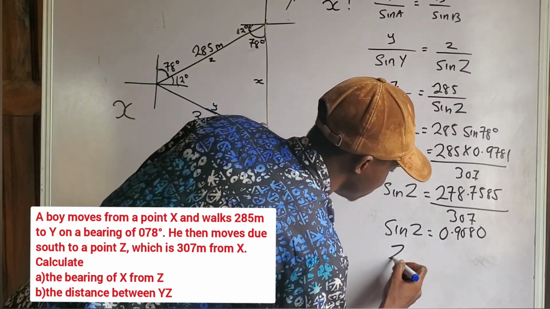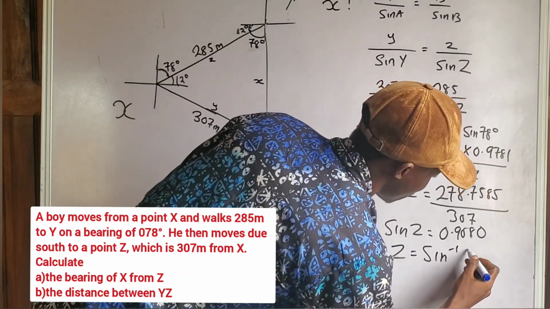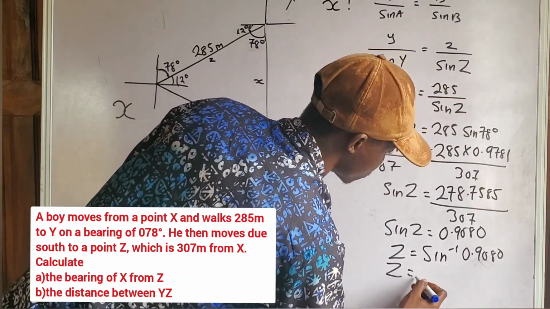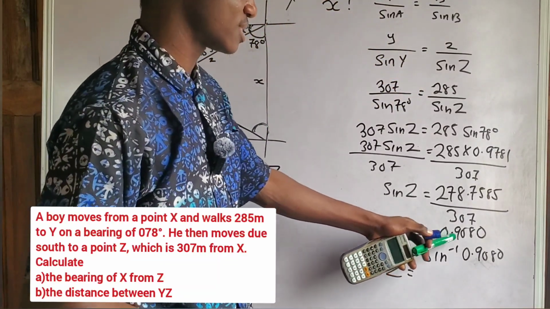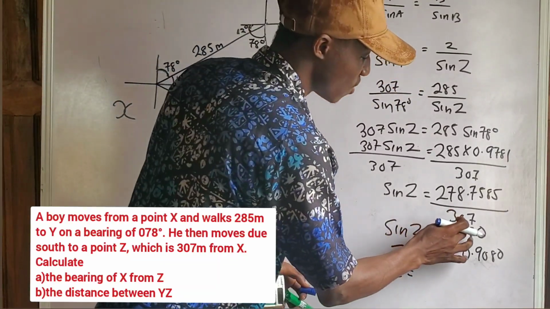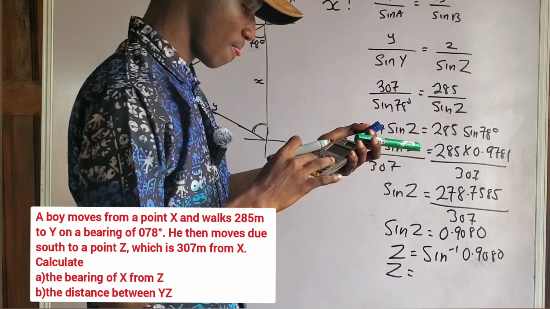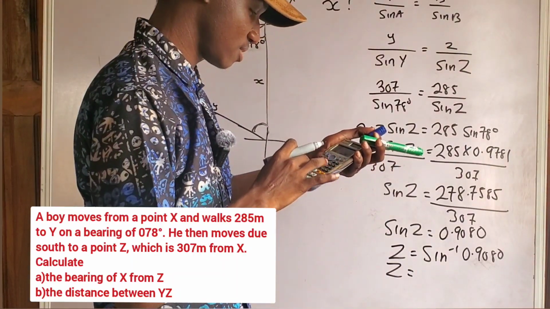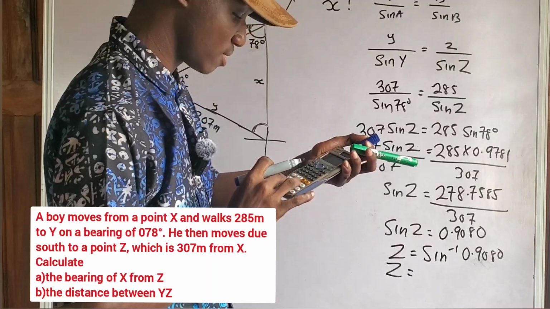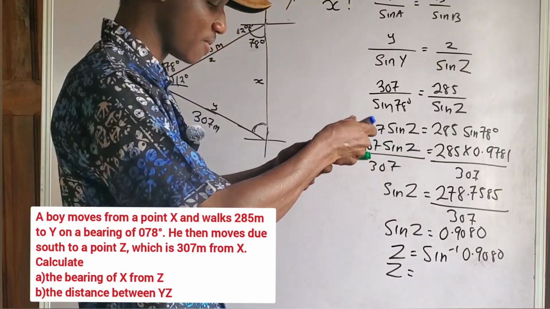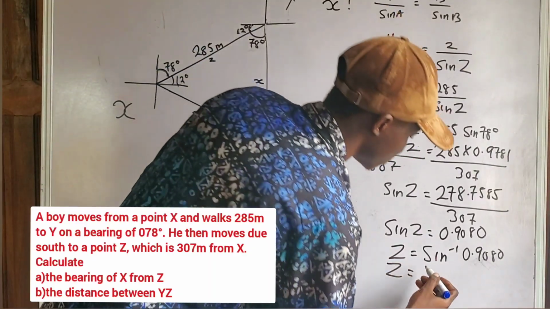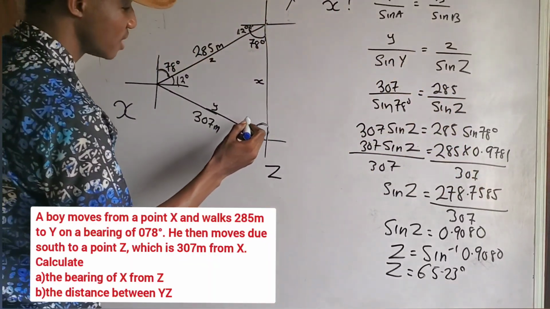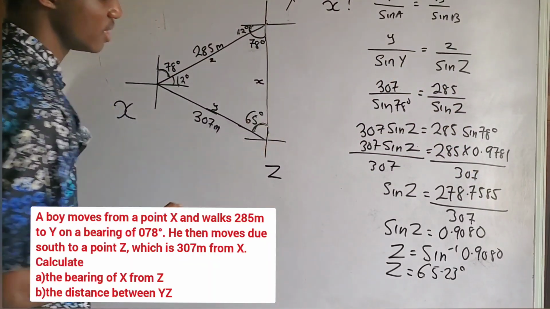So Z equals the sine inverse of 0.9080, that is 65.23 degree. Okay, so the value of this angle is 65 degree to the nearest degree.